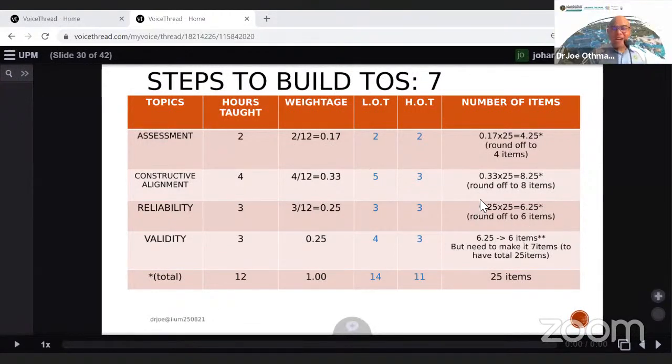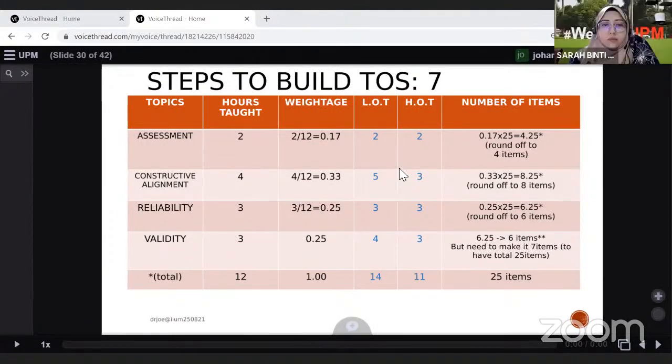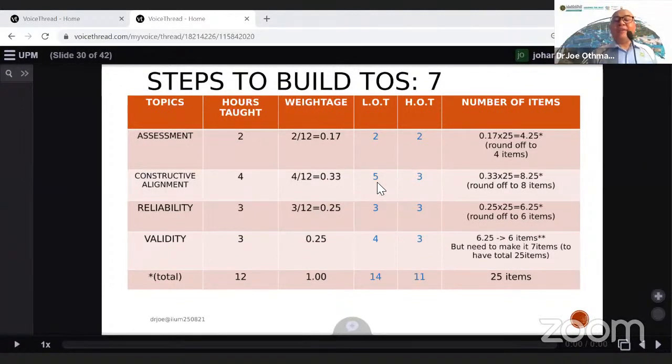Yes. So now once we have this LOT, HOT, other people might have all 6. Bloom, they have 6: knowledge, understanding. There are 6 columns. Imagine if 6, our lecturers would get a headache. So we make it simplified. Why? Because we do not want to overburden our lecturers. So the lecturers can decide.